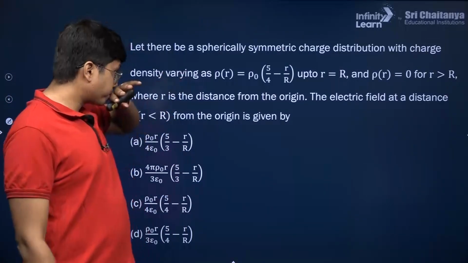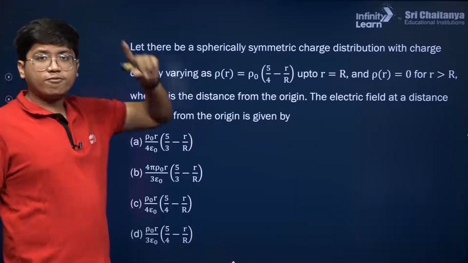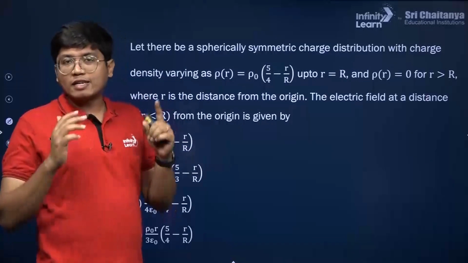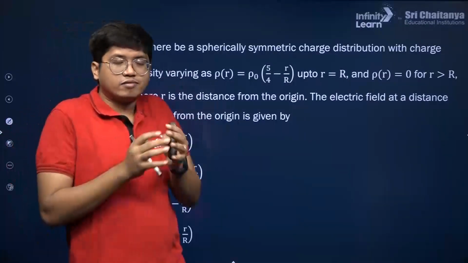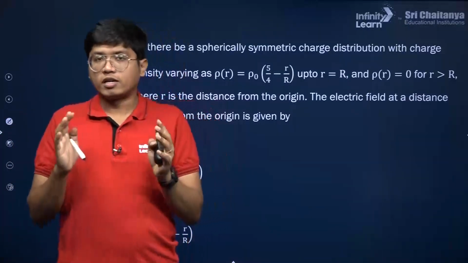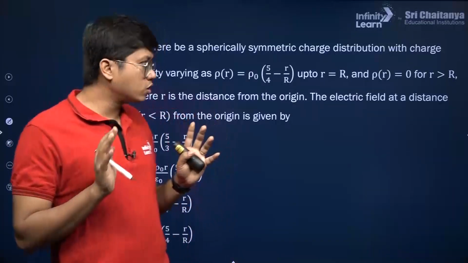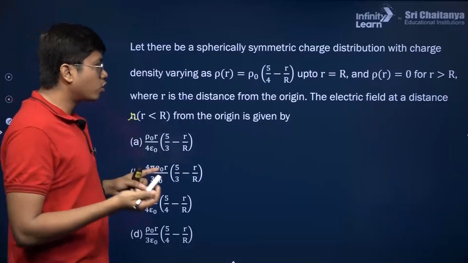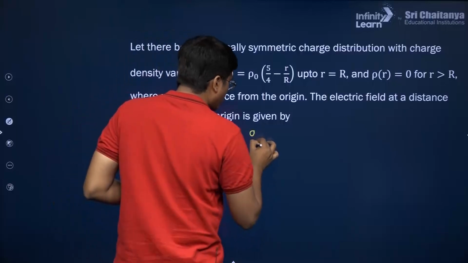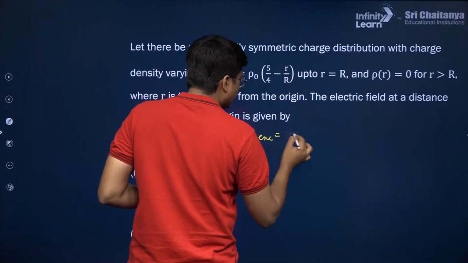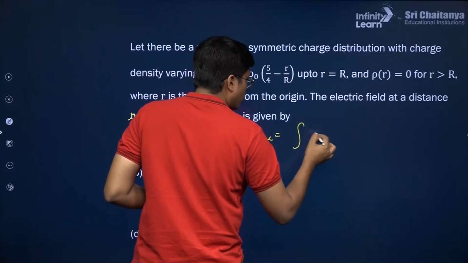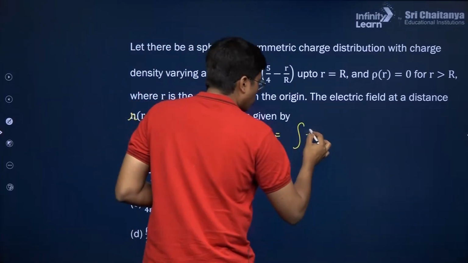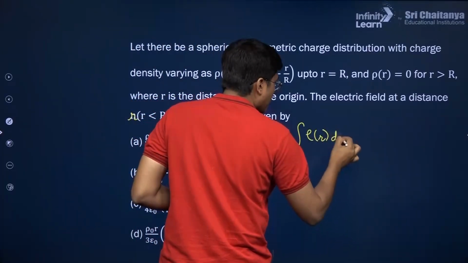So over here, the first step we need to do is find the enclosed charge in any random radius, small r. In a radius small r, what is the enclosed charge? So we know charge enclosed would be given by Q enclosed by integration rho dV.